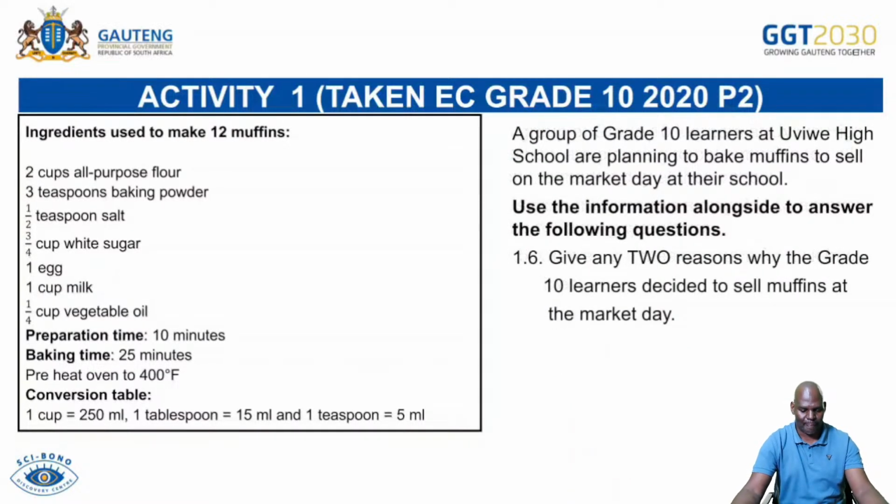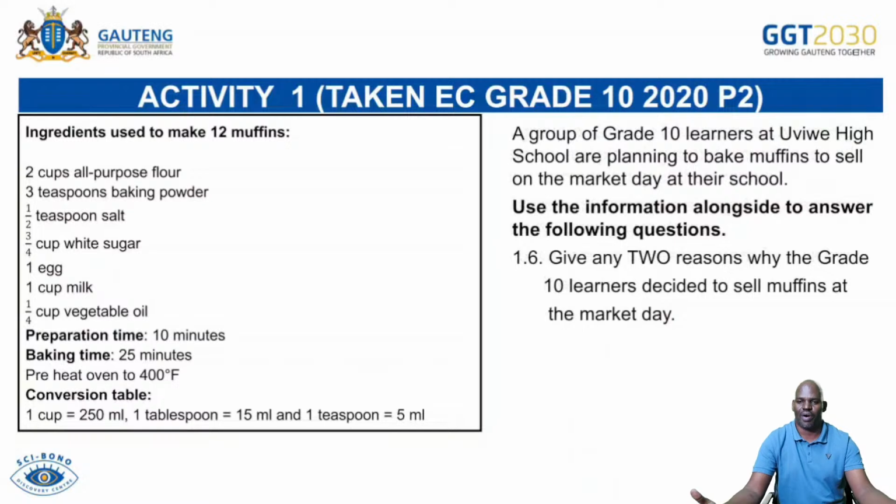Okay, the next question is, give any 2 reasons why the grade 10 learners decided to sell muffins at the market day. In this case, the answer will be any relevant reason. One of the reasons why they might have decided to sell the muffins is fundraising.